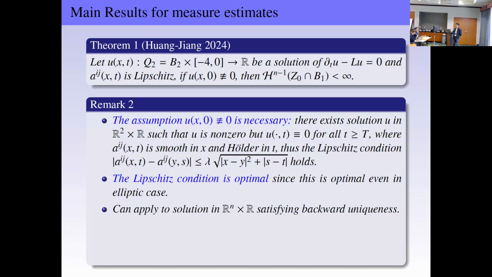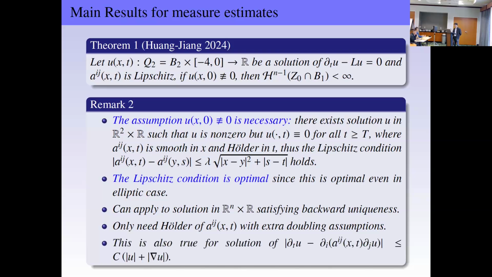Our estimate is just a local estimate, and we can apply this result to global solutions. Also, in our proof we only need a Hölder condition on a_ij, but we need the doubling assumption. Furthermore, this result is also true for solutions that satisfy this kind of inequality.